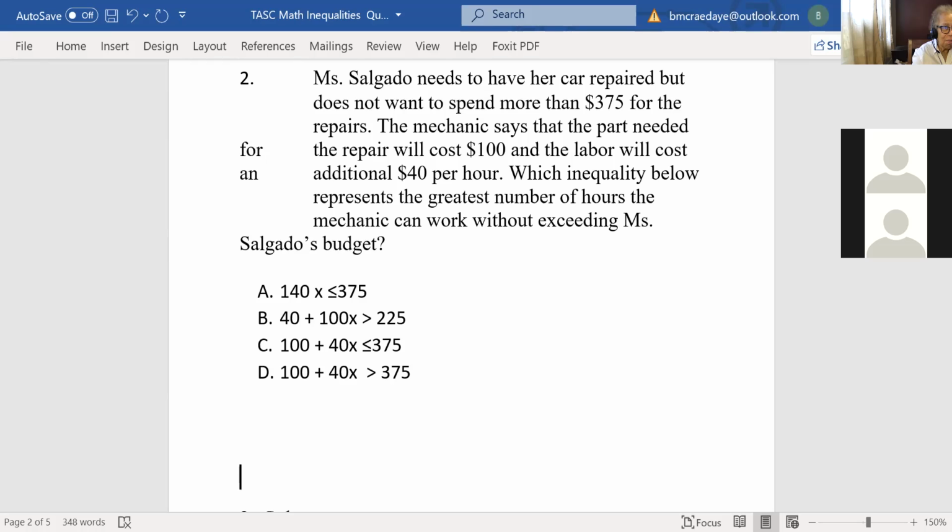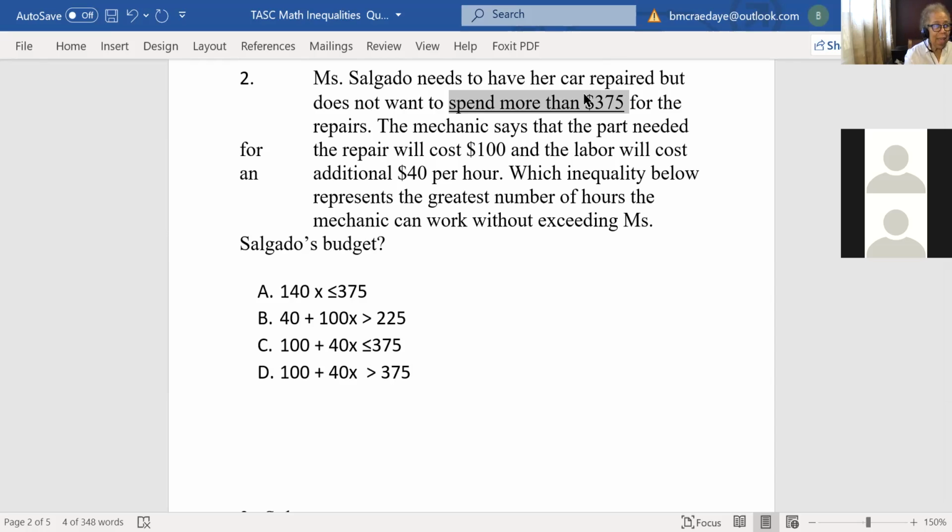No, or the fixed cost is $40. No, $100? Yes, right, Vanessa? Because the variable is based on the hours, $40 per hour, additional. Yes, so the fixed cost is $100. The variable cost is the $40 per hour. And you don't want to spend, and this is key right here, you don't want to spend more than that $375.